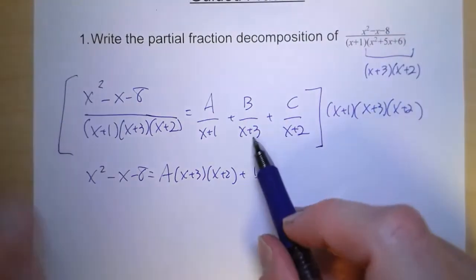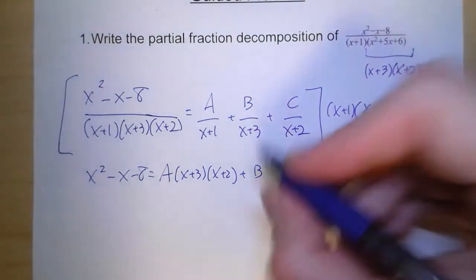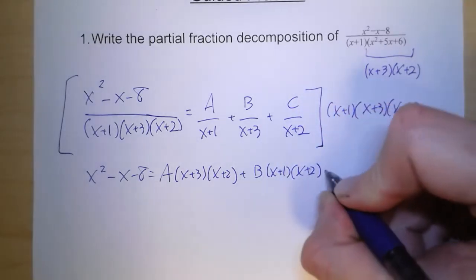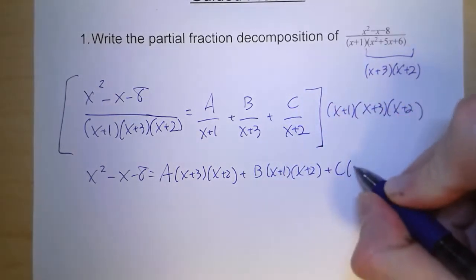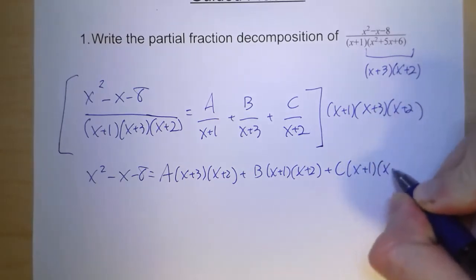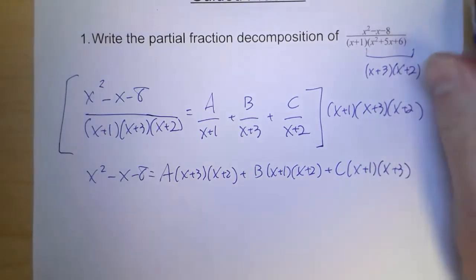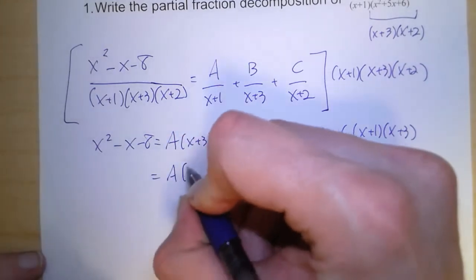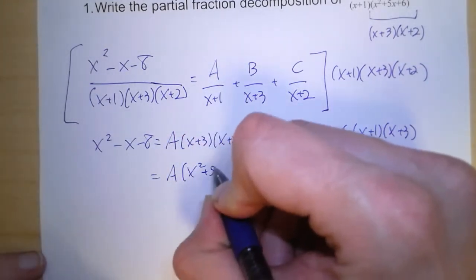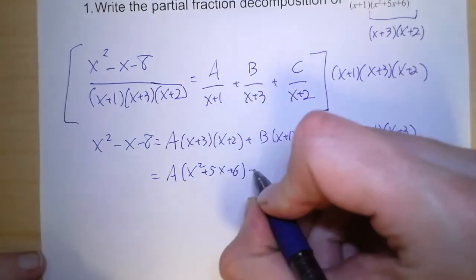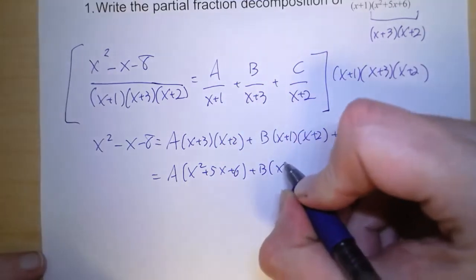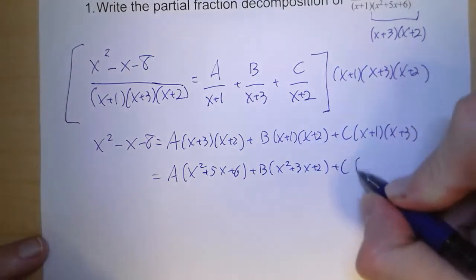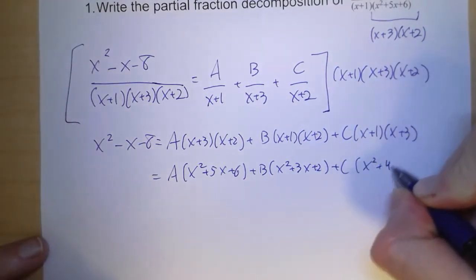With b, we're going to cancel out the x plus 3, and we're just going to be multiplying x plus 1 times x plus 2. And then with c, we're going to be multiplying x plus 1 times x plus 3. Now we need to expand these three out. So we have a times x squared plus 5x plus 6, plus b times x squared plus 3x plus 2, plus c times x squared plus 4x plus 3.